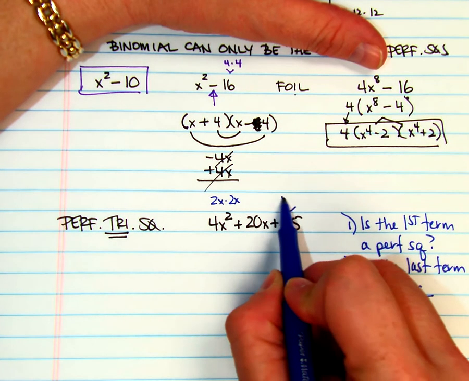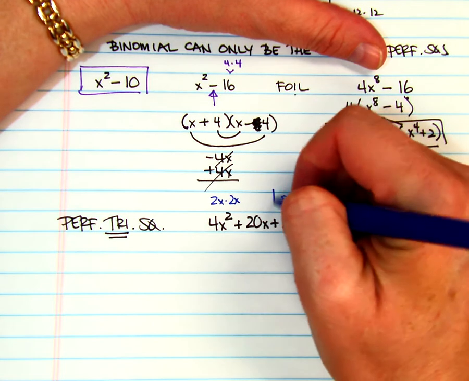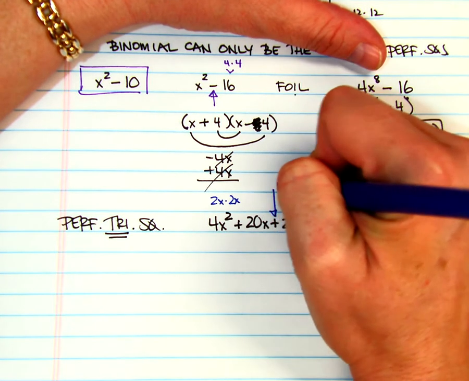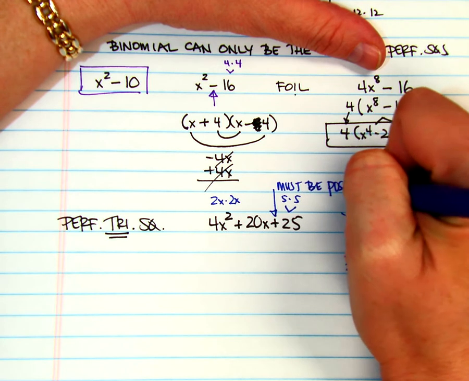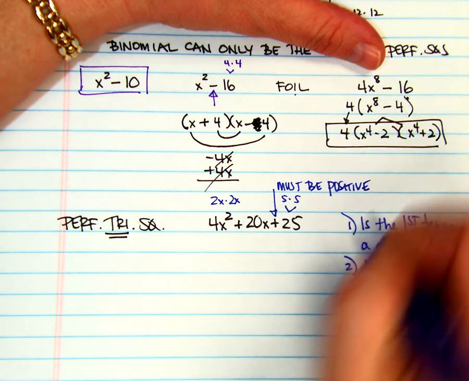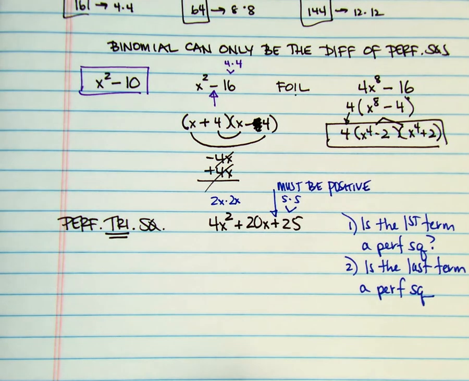So 25 gives you 5 times 5. This last term must be positive. If it's not positive, don't even check to see if it is a perfect trinomial square or not.